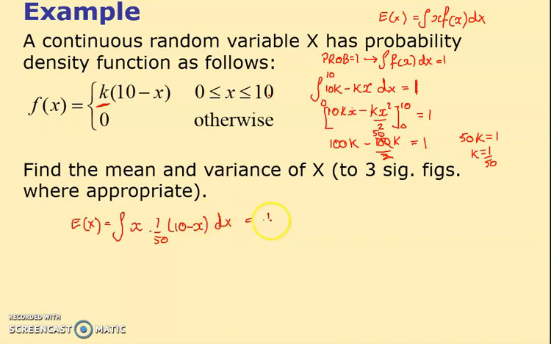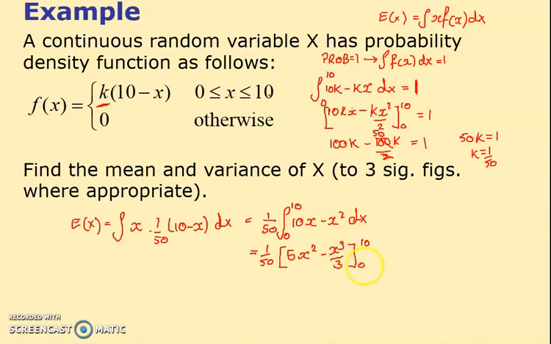I can even take a 50th out and chuck it to the front. It makes it easier. And then I get 10x minus x squared dx. And don't forget, this is between 0 and 10. So I'll keep going. 1/50th. If I integrate that, I get 10x squared over 2, which is 5x squared, minus x cubed over 3.